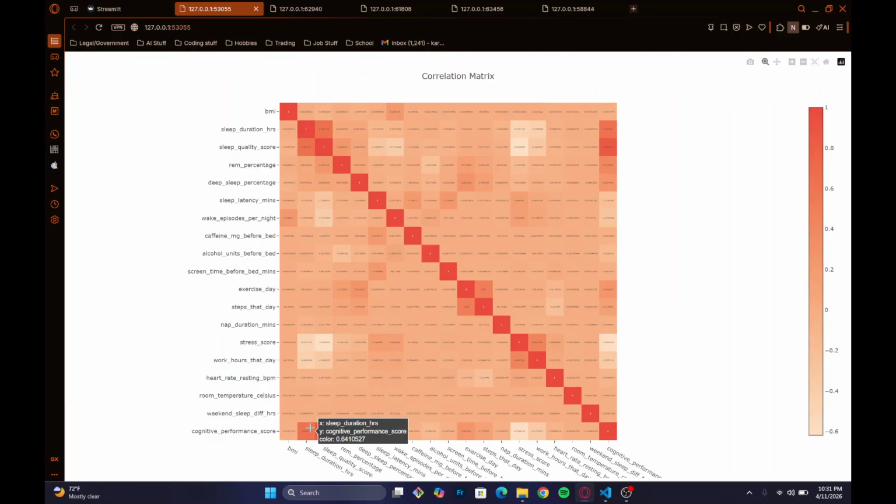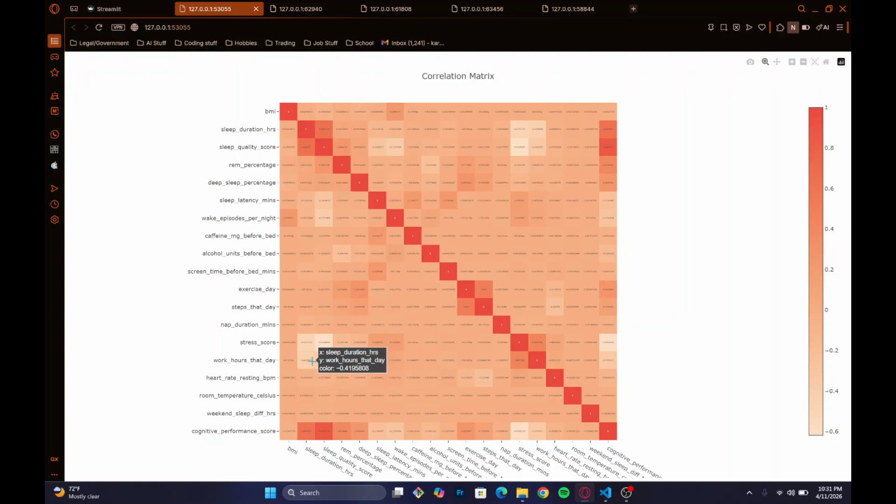So for example, the amount of sleep hours has a strong positive correlation with your cognitive performance. But the amount of sleep hours also has a strong negative correlation with both stress score and work hours. It has a strong positive correlation alongside too with sleep quality score.